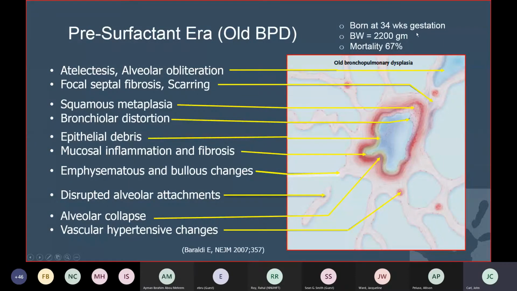So you're well aware, I'm not going to spend too much time, but in the initial discussion by Northway in the early phases of description of the old bronchopulmonary dysplasia, he was talking about children born at 34 weeks gestation or 2,200 grams, and still had a very high mortality. But the pathology has improved as the ability to manage this has improved. It still resulted in significant scarring with the old BPD, alveolar collapse, and vascular hypertensive changes in some instances as well.